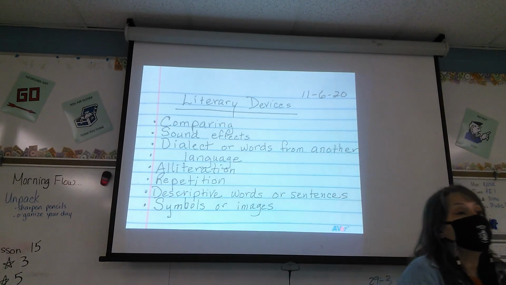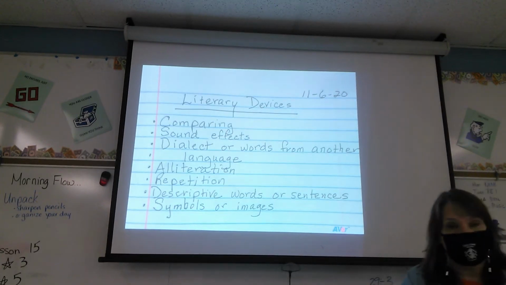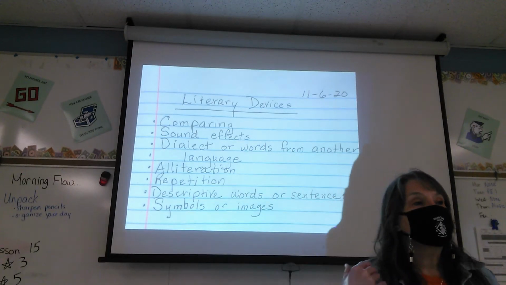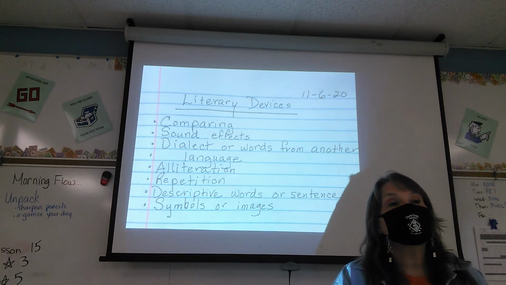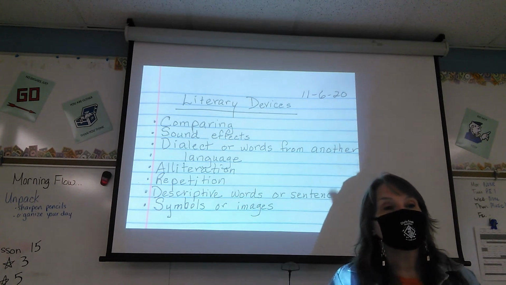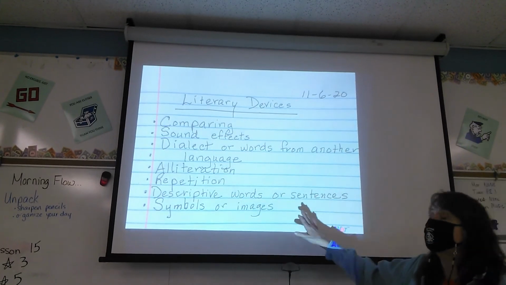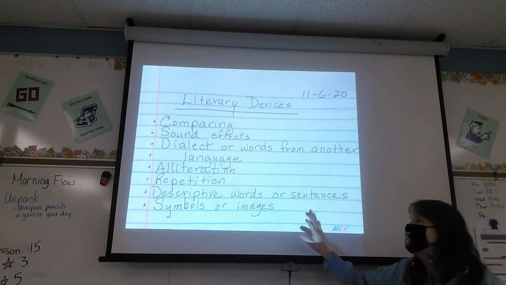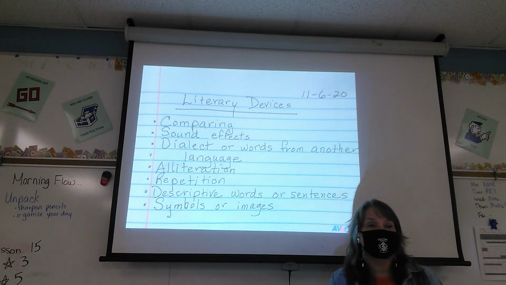Now, you already know a little bit about this because you have done some work writing stories, narratives, in previous years. You also are readers of fiction, but you don't necessarily stop to become aware of the literary device or to even know what it is called. So this is a list of some literary devices that you might encounter when you're reading.